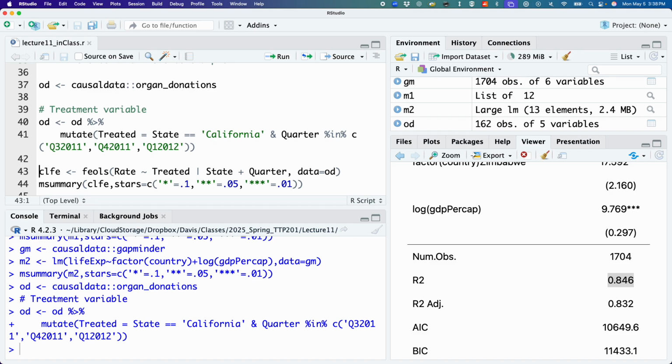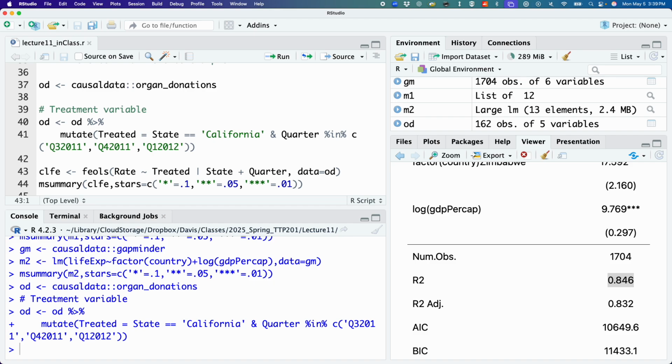So for the way that we're doing the fixed effects in this particular example of difference in differences, because you're doing one with just two groups, you can do it as a fixed effects model, as I was mentioning before.